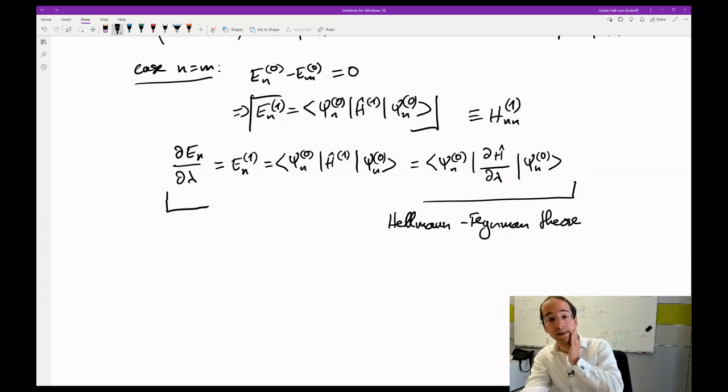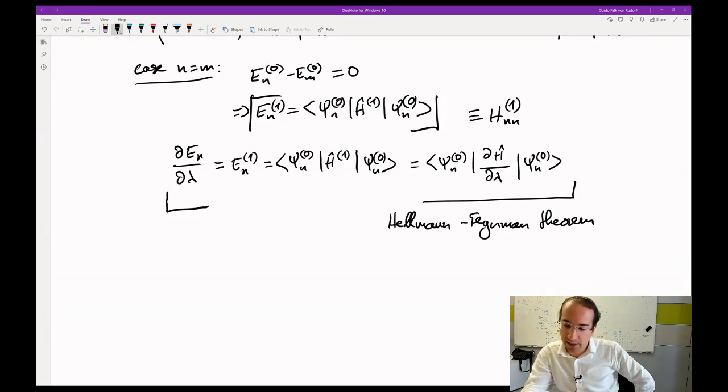That's quite convenient because it gives us a handle on changes of molecular properties with respect to some external changes. And imagine, for example, what is the force? The force acting on some molecule is the derivative of the energy with respect to spatial coordinates.